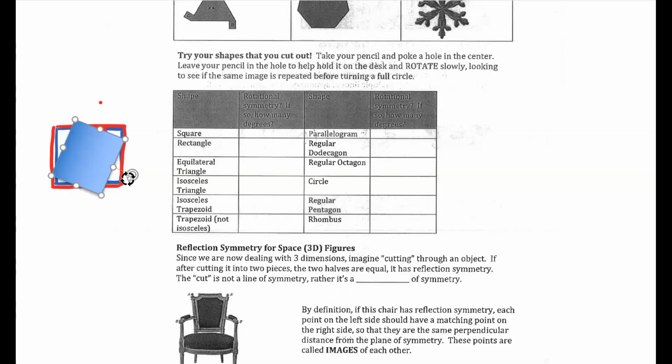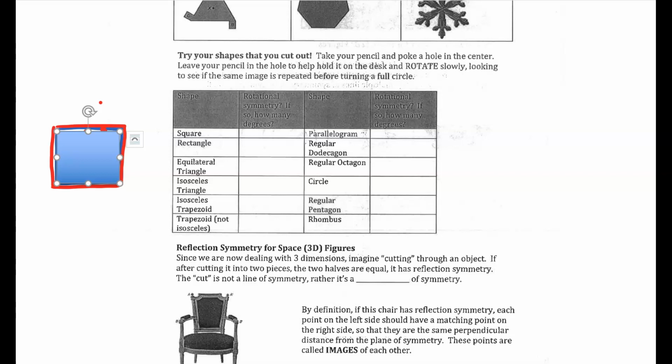So that's 1, 2, 3, and then back to the original, which is 4. So a square has four times that it rotates throughout the 360 degrees.